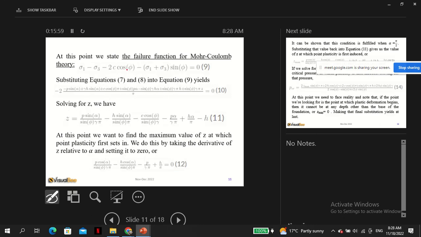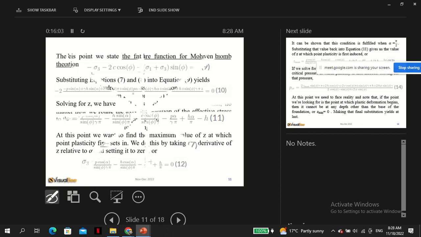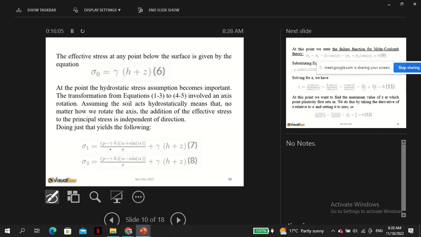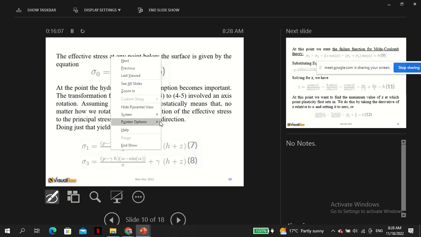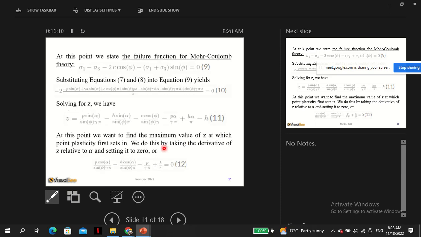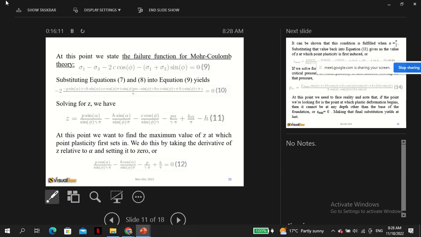Then you substitute these values in the Coulomb failure criterion, and once you substitute the values here, you try to find the value of z. This is z.